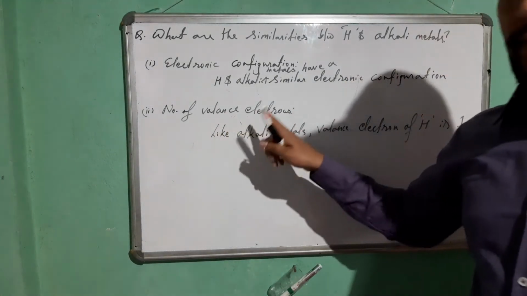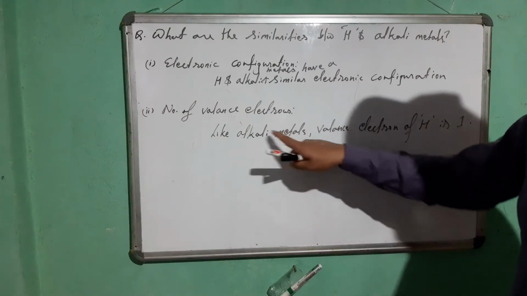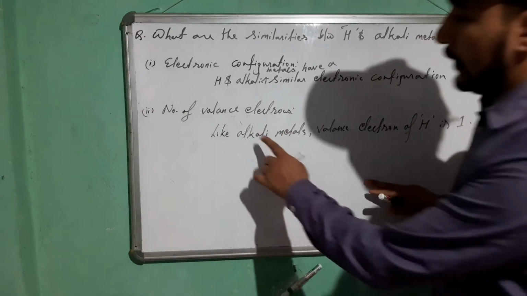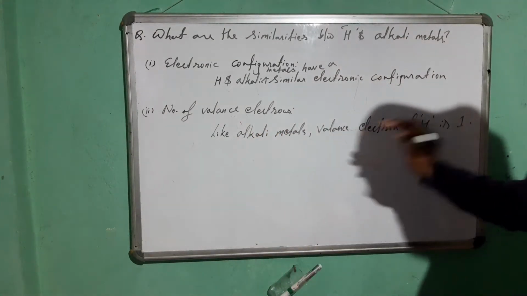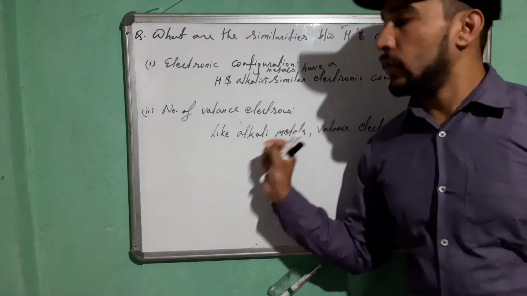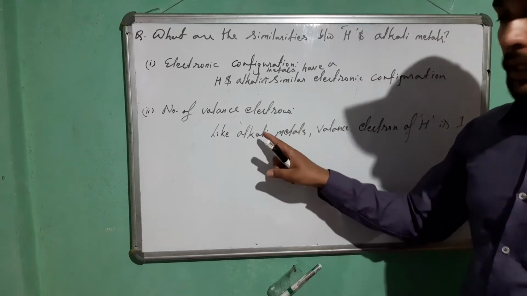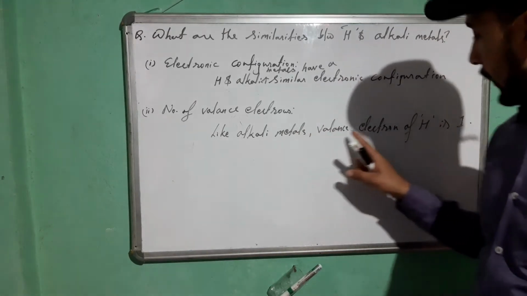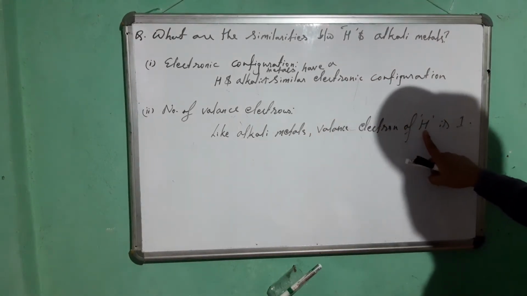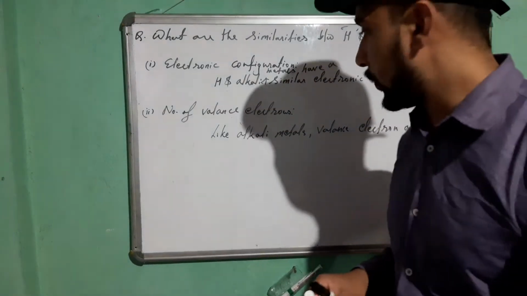Alkali metals, their valence electron is 1. Similarly, hydrogen, its valence electron is 1. In the outermost orbit, you will find 1 electron in case of alkali metals, and you'll find 1 electron only in case of a hydrogen atom. Okay.